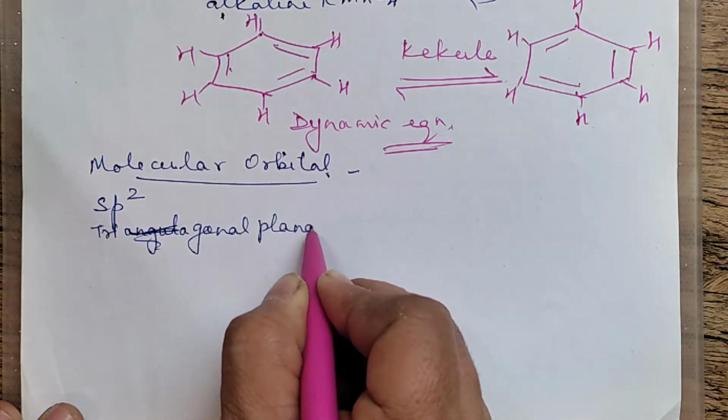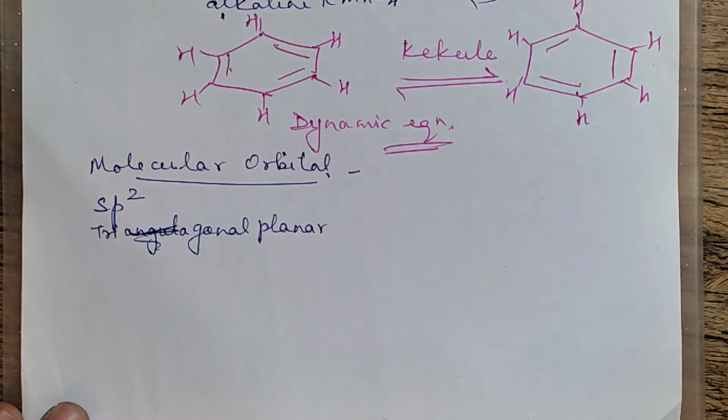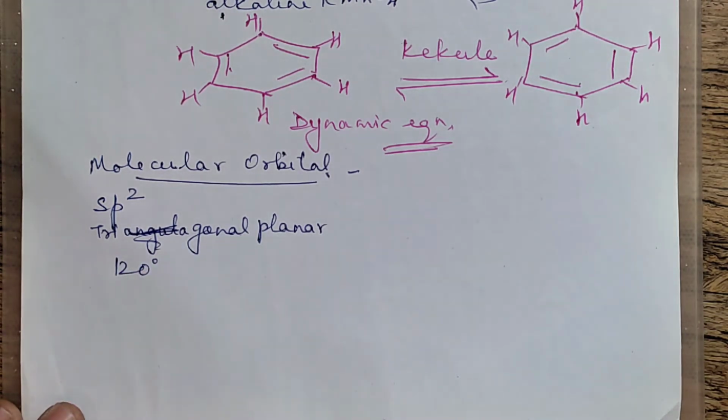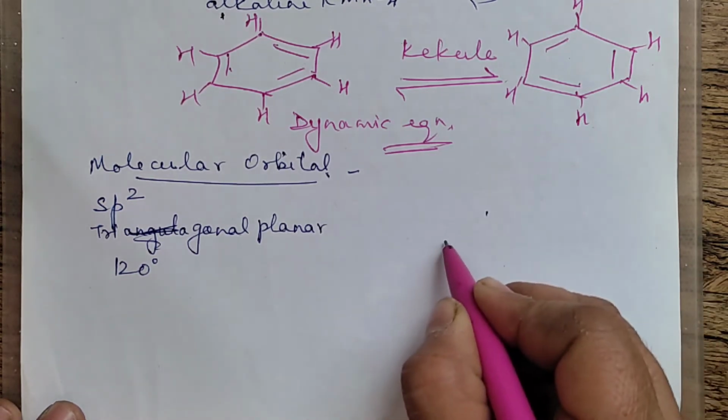Trigonal planar geometry. These three sp2 hybrid orbitals are arranged, and the bond angle on each carbon atom is 120 degrees.